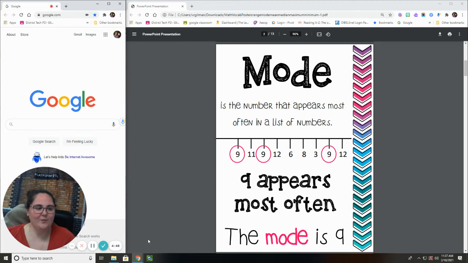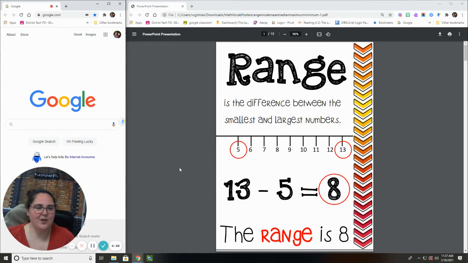And the last thing we're going to talk about today is the range. If somebody asks what the range of your data is, basically that means the difference between the two numbers. You take your very largest number and subtract the smallest number.